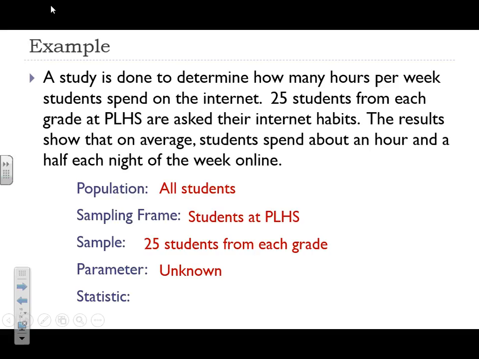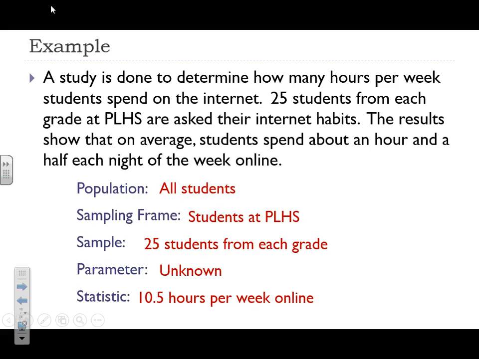How did they report the value? 1.5 hours each night, right? Now, if you said 1.5 hours each night, that would still count because you're encompassing the entire week in that case. But if we wanted to put it in the units they asked for initially, we'd take 1.5 times 7. So our statistic would be 10.5 hours per week. So they're saying the estimate for all students is that they spend about 10.5 hours per week online.